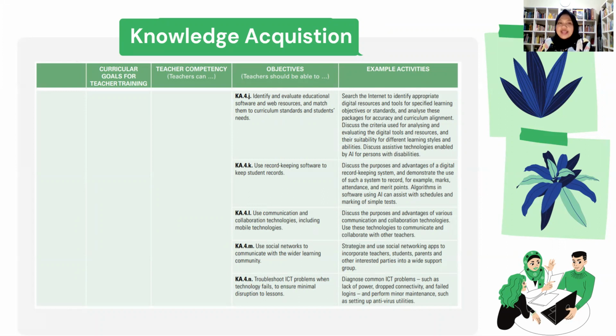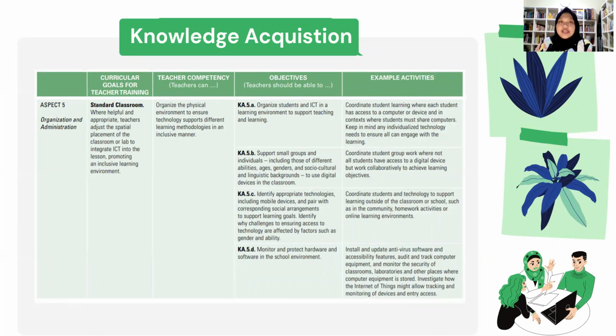The last one is the teacher should be able to troubleshoot ICT problems when technology fails to ensure minimal disruptions to lessons. By diagnosing common ICT problems such as lack of power, dropped connectivity, and failed logins, and perform minor maintenance such as setting up antivirus utilities.